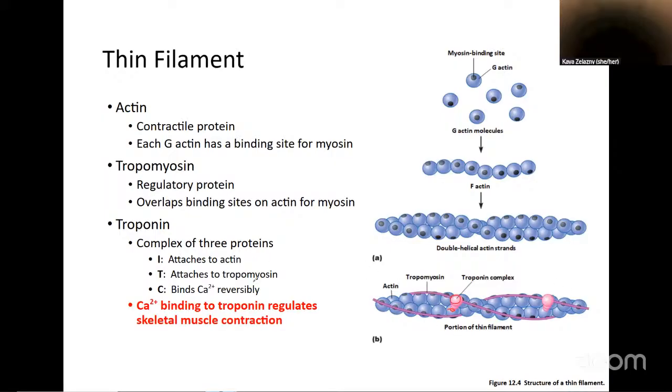You don't have to identify these three pieces specifically for me, but you should know that the troponin complex is doing all three parts. We're holding onto the tropomyosin, we're holding onto the actin, and we've got a part that's going to interact with calcium, telling us if it's time to move the tropomyosin off of these binding sites.